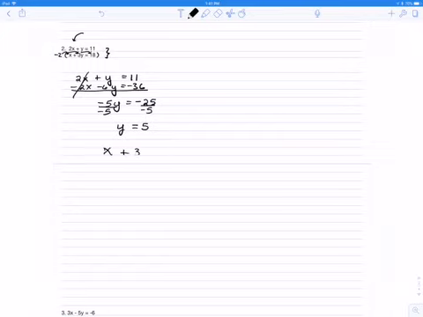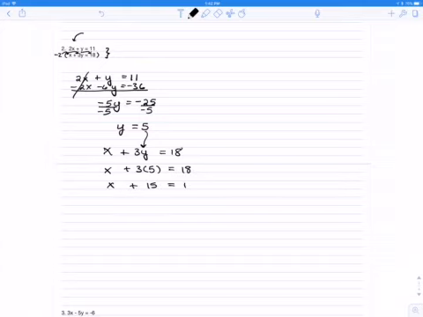So I'll pick the second equation, x plus 3y equals 18. And I'll replace the y with 5. So x plus 3 times 5 equals 18. So x plus 15 equals 18. Subtract 15 from both sides. I get x equals 3.